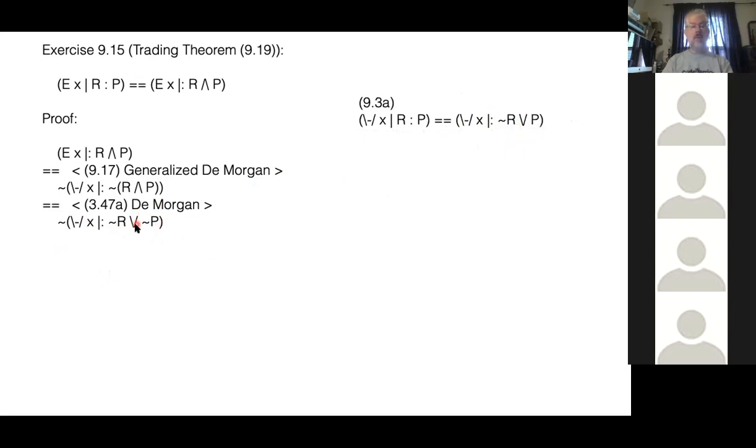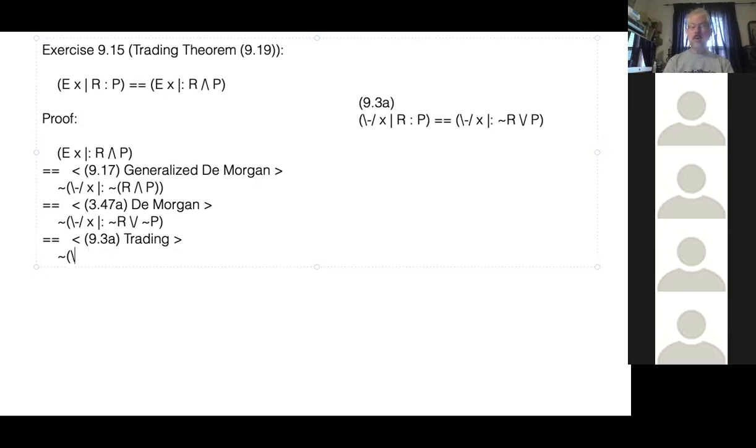Well, that means we've got a not P, so we're going to have to substitute a not P in here to make this match. But if we replace P with not P in this theorem, then this part matches this here very nicely. And so we can use that 9.3a trading. And then negation just hangs around waiting for its time to be our friend.